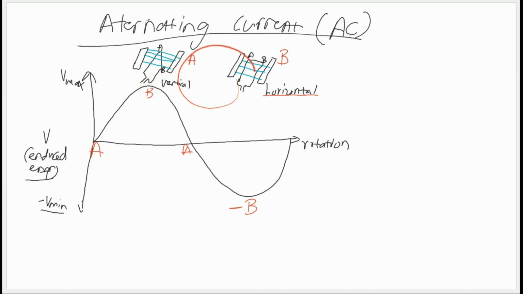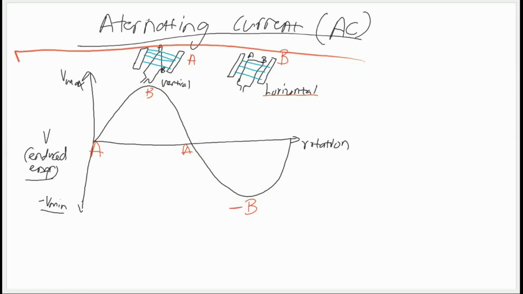So each and every side will be exposed to a different position. Maybe side AB is vertical, then horizontal, then vertical, then horizontal again, but it produces a minimum voltage because this is an alternating graph.